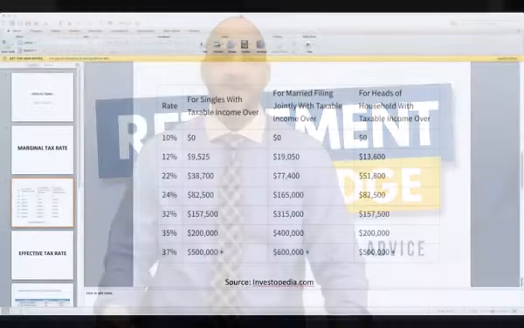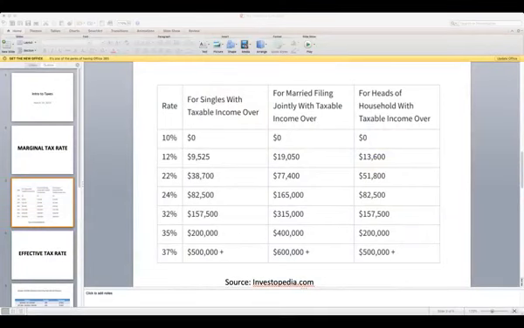So if you look here at the table, we have the tax rate for individuals on the left, and then those who are married filing joint, and then you also have heads of household. And you have your different marginal tax brackets here, going from 10% all the way up to 37%.